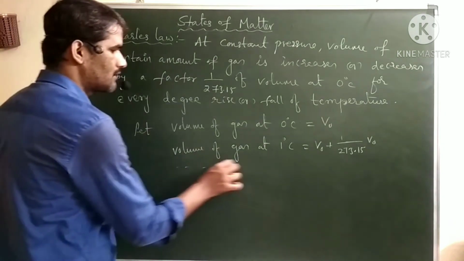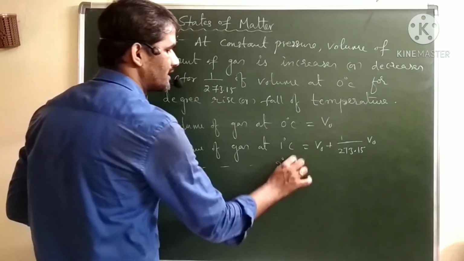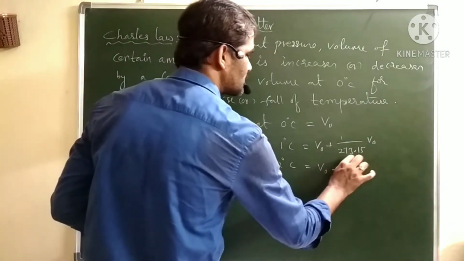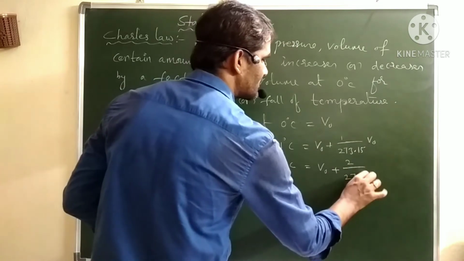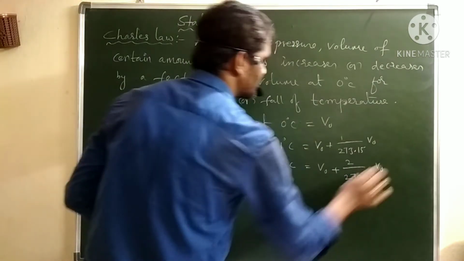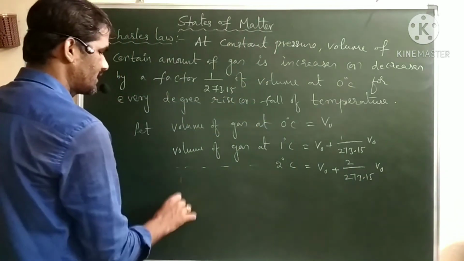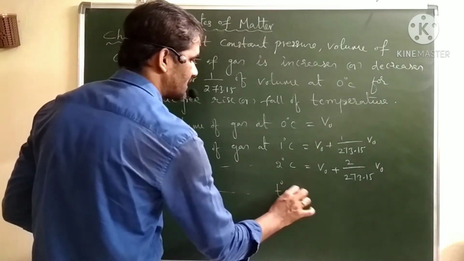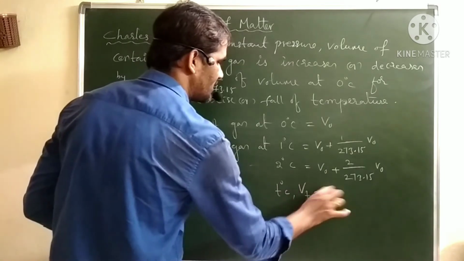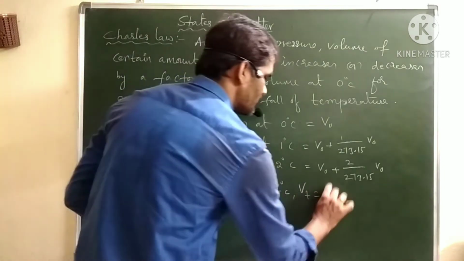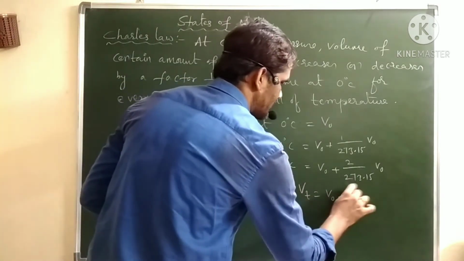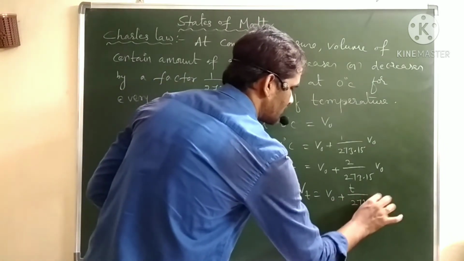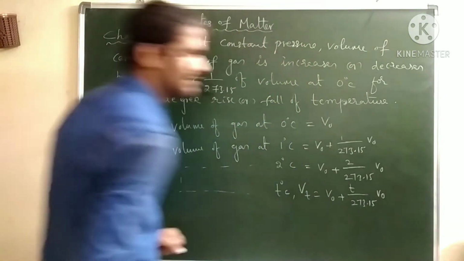Similarly, the volume of gas at 2 degree centigrade is V0 plus 2 by 273.15 V0. And so on for 3 degrees, 4 degrees, and for some T degree centigrade, let us assume Vt is V0 plus T times 1 by 273.15 into V0.